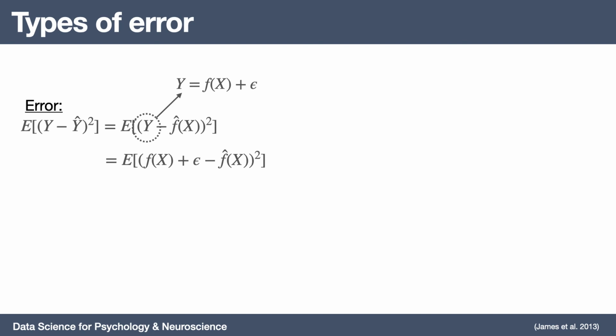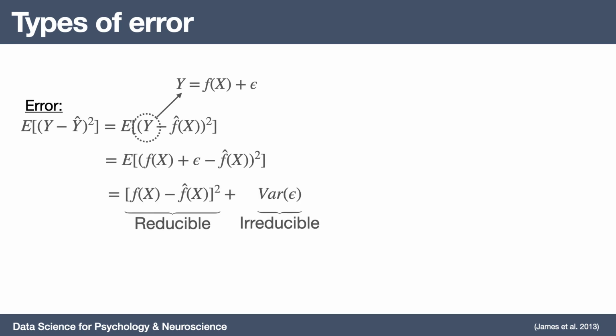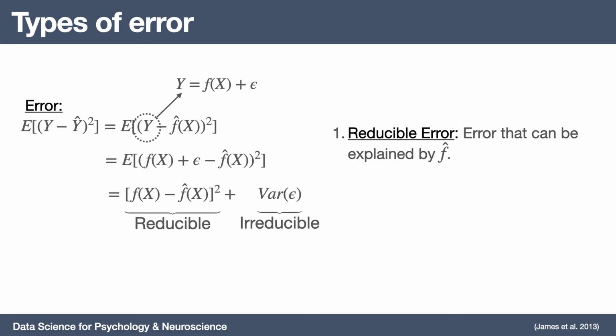So you have the function of the real world, you have your estimated version of it from the data that you collected, and you have your noise. Now we can reorder this equation here, and what it does is it boils down to two types of error. On the left, we see reducible error. Error that can be explained by f hat.